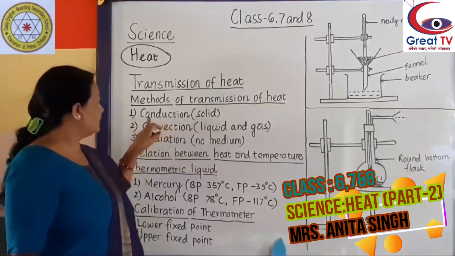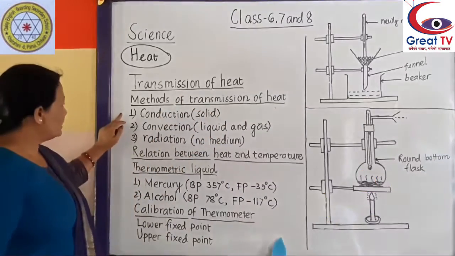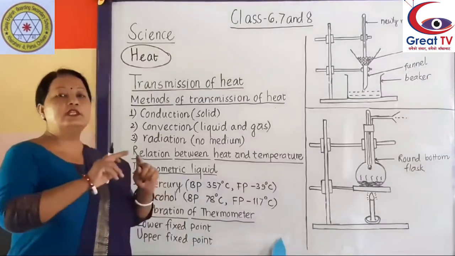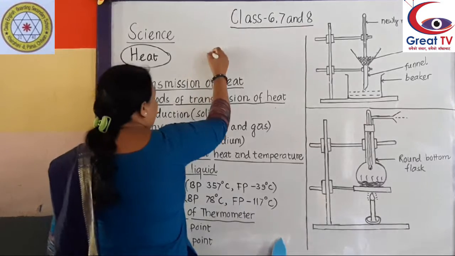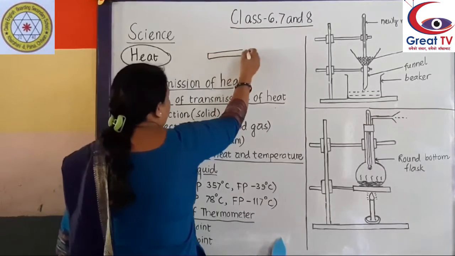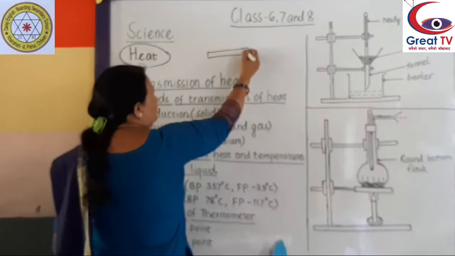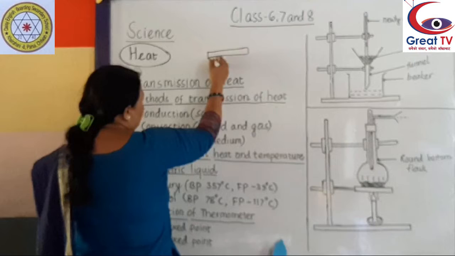The conduction method takes place in solids. In this method, heat transfers from one point to another point without changing the position of molecules. For example, take an iron rod and hold one point of it with your hand, and apply heat at another point.